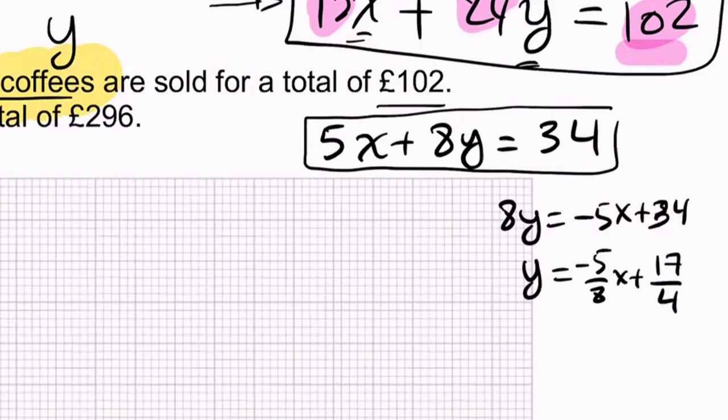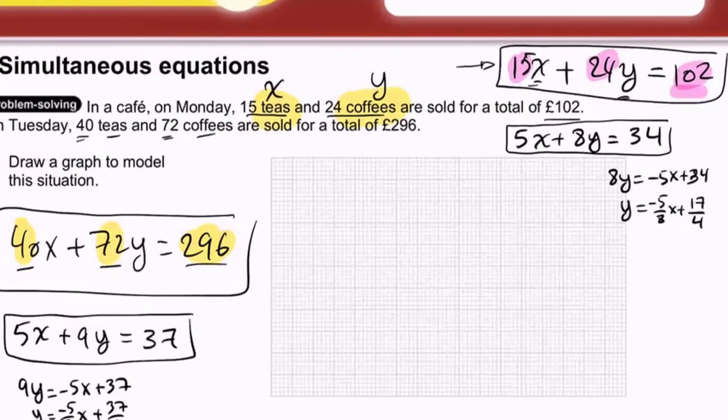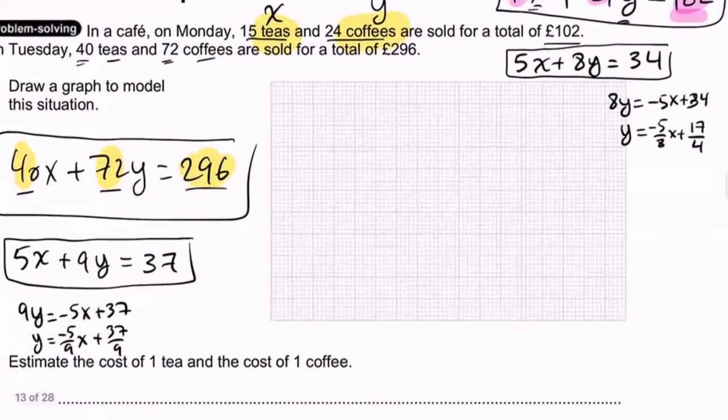Now I need to draw a graph to model this situation. So I need to draw 2 lines, both of them with negative gradients.